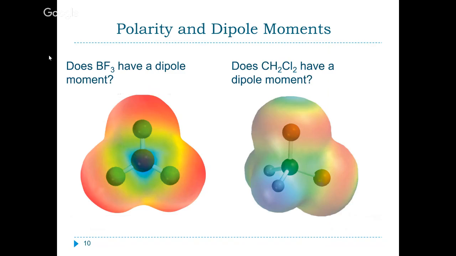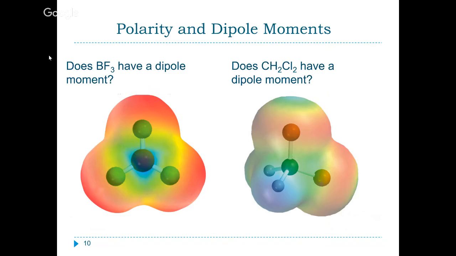In CH2Cl2, we know that chlorine is more electronegative than carbon, so it's pulling electrons towards it. Hydrogen and carbon, the electronegativity difference is only 0.4, so we would consider those to be nonpolar bonds, although carbon is slightly more electronegative than hydrogen.